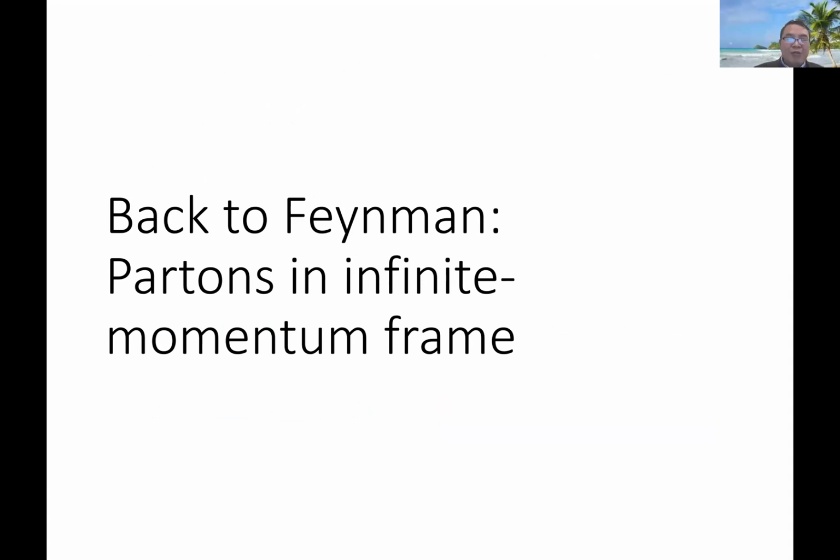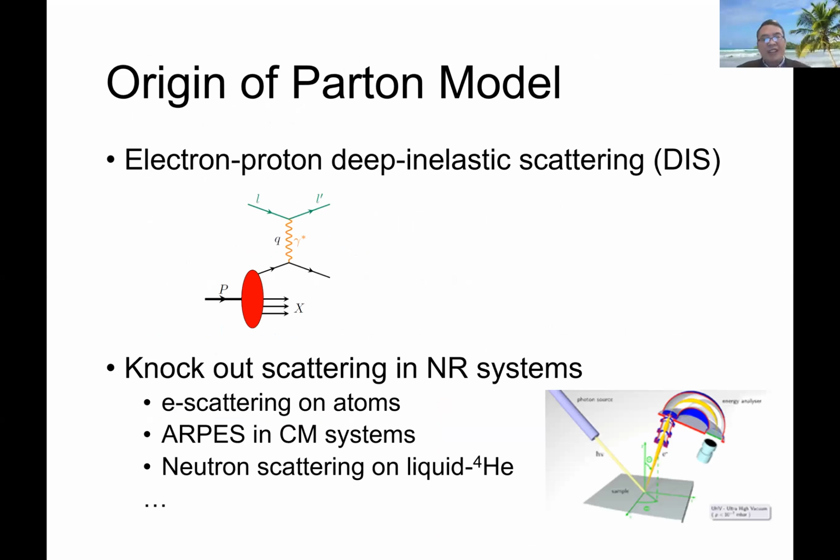So what I wanted to do in the next section is talk about the original idea of Feynman, the partons and the infinite momentum frame. The original parton model of Feynman was used to describe electron-proton deep inelastic scattering. Again, it's textbook material.